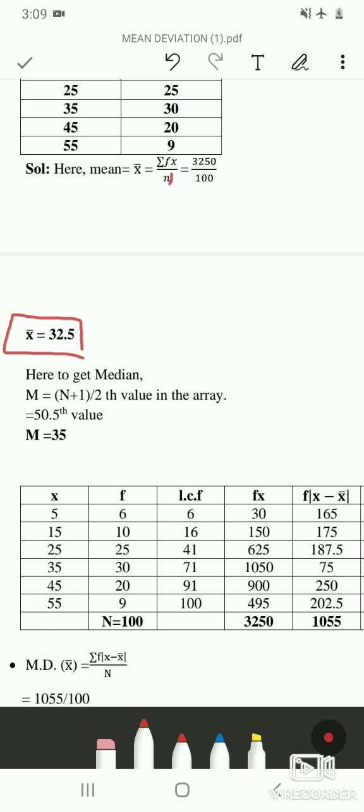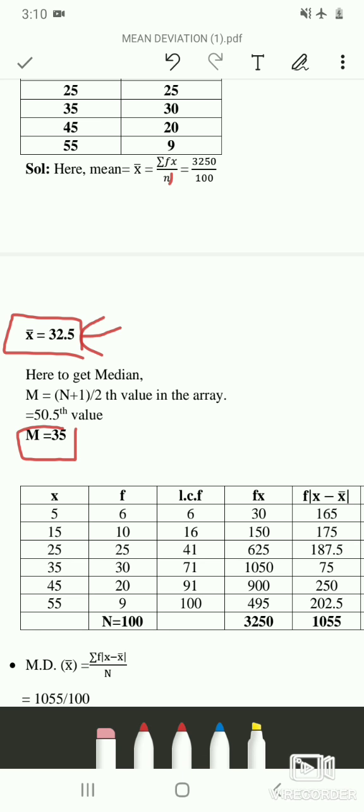So check in the LCF for the value that is just greater than or equal to 50.5, which is 71, and the corresponding x value will be your median. So here the median is 35 and the mean is 32.5.